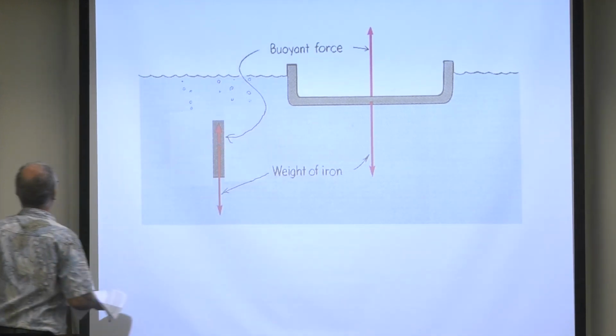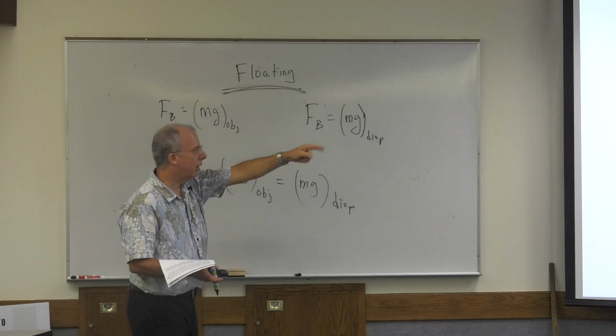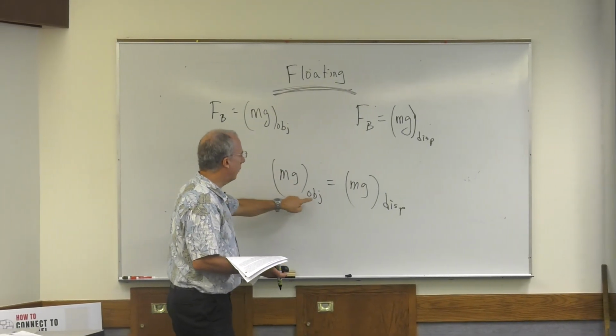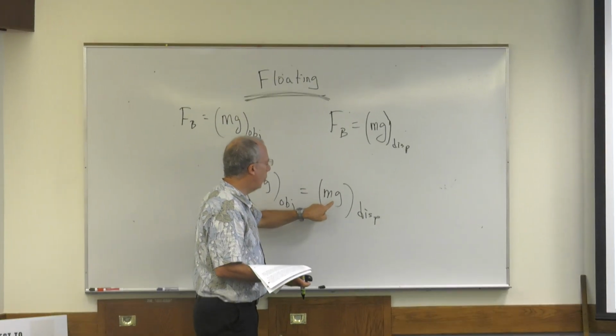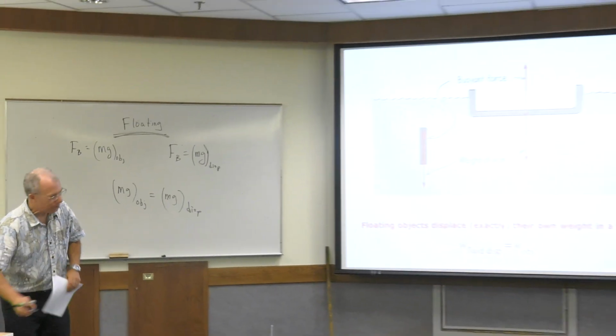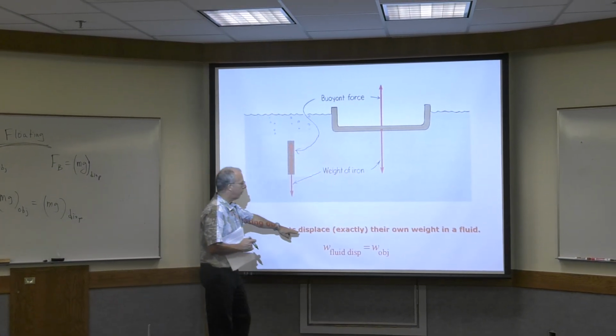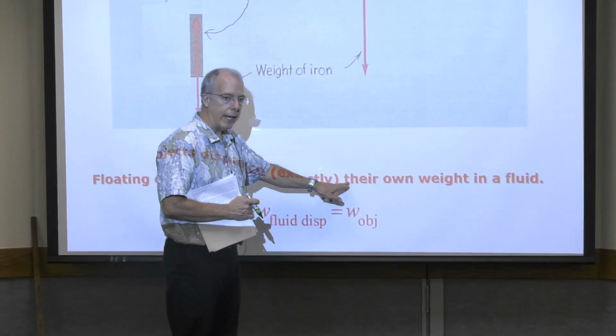So something that floats, like the floating boat, the weight of the object equals the weight of the fluid displaced. What does that mean? It means floating objects displace their own weight in a fluid.